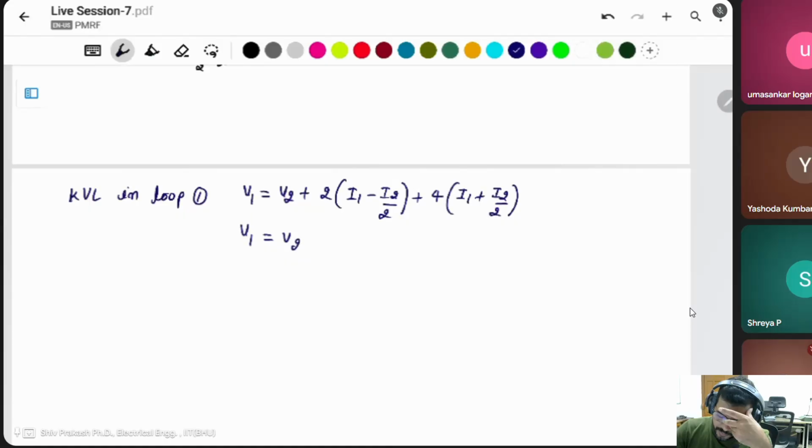V1 is equal to V2 plus 2I1 minus of I2 plus 4I1 plus 2I2. V1 is equal to V2 plus 6I1 plus of I2.